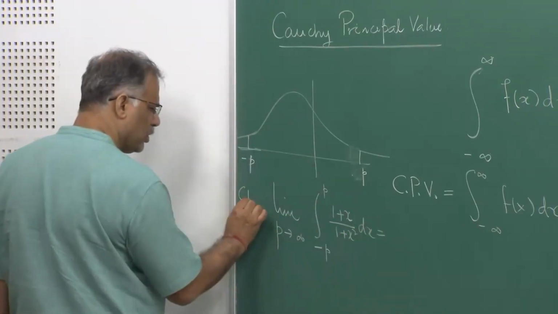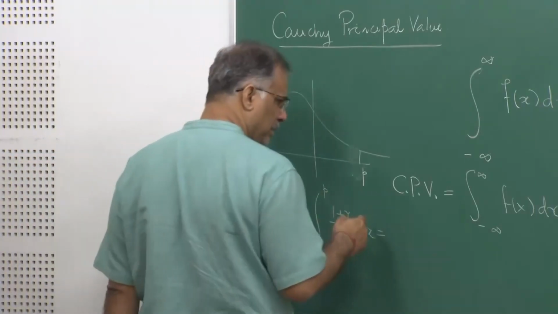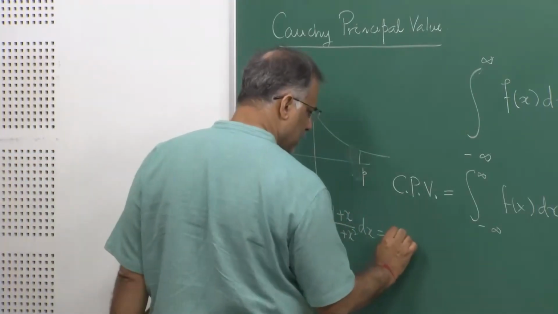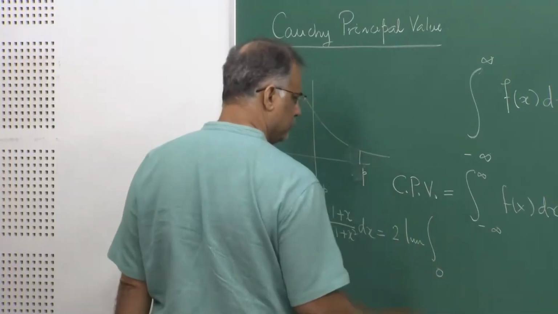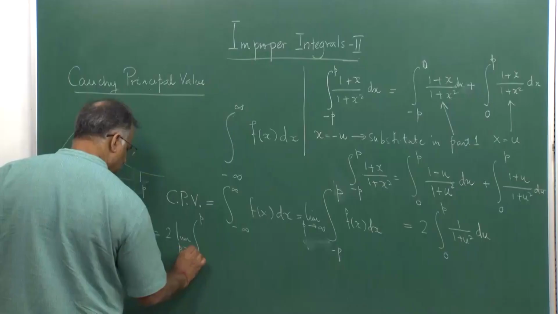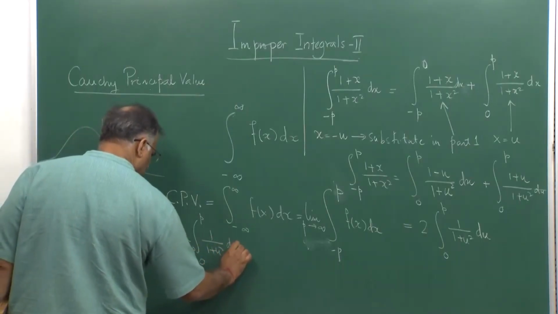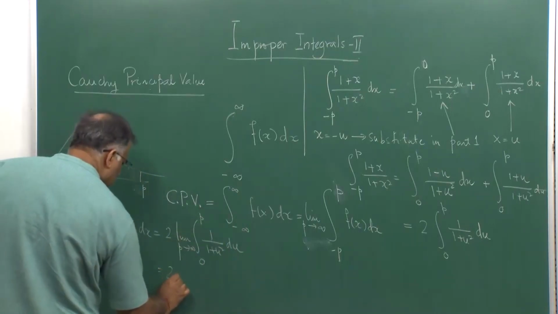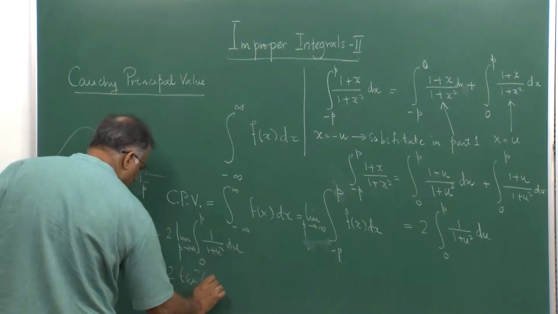So, this is actually the Cauchy principal value, CPV. Then what I am trying to write now is, this is the same as 2 times the limit p tends to infinity of the integral from 0 to p of 1 by 1 plus u square du. So, basically it is 2 into tan inverse infinity, actually I should not write that.